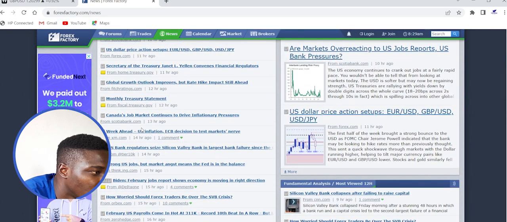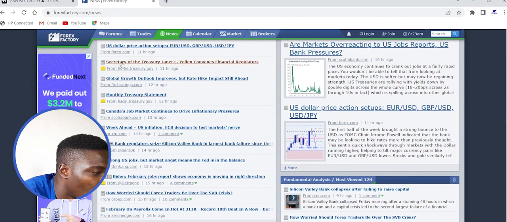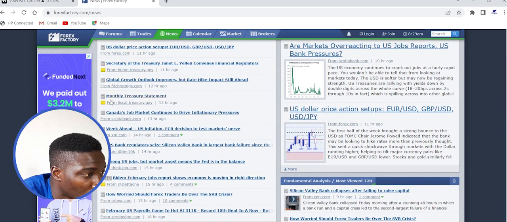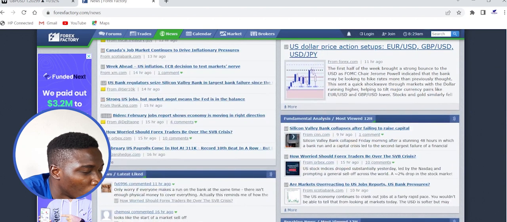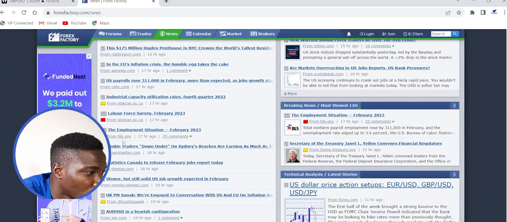One thing I want to let you know is that the impact the news has on the market depends on the color of this folder. This one is yellow, which means it does not have so much impact on the market, but the red ones have impact on the market.